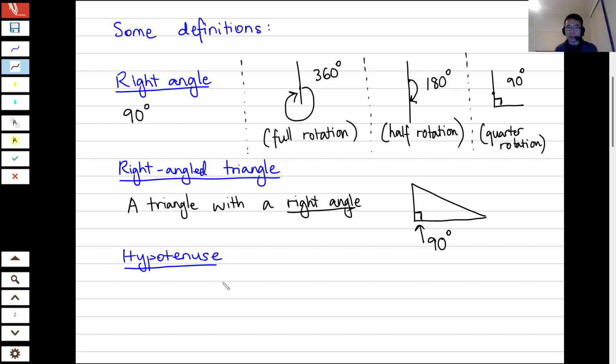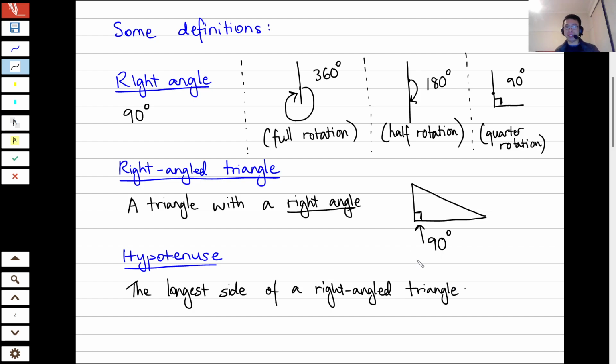The last thing I want to talk about is the hypotenuse. The hypotenuse is simply the longest side of a right-angled triangle. Many of you will be able to see this. In this triangle, the hypotenuse is this side.